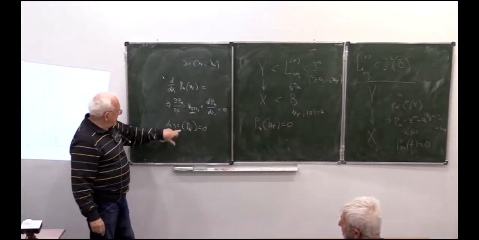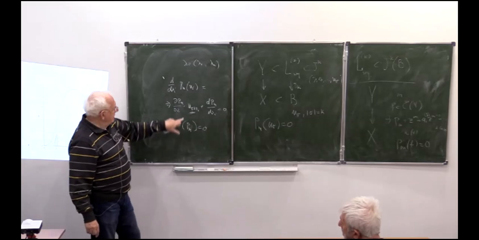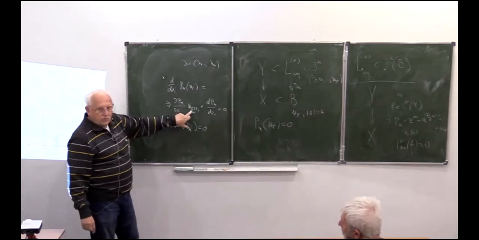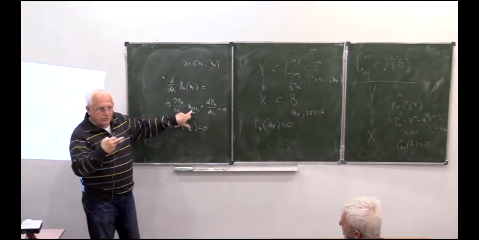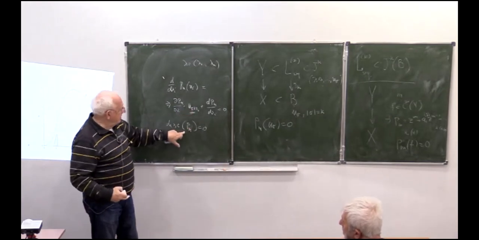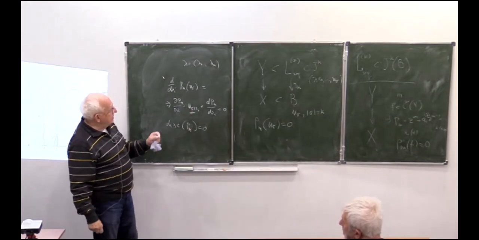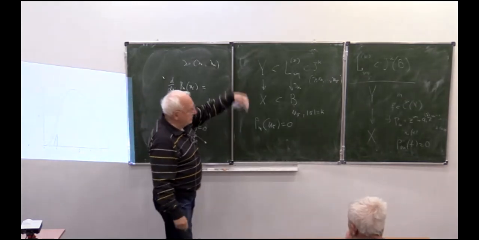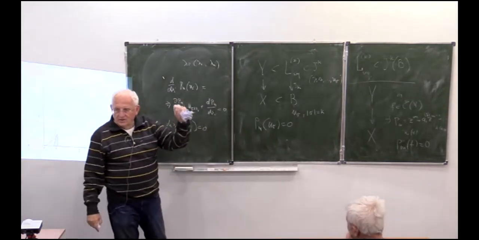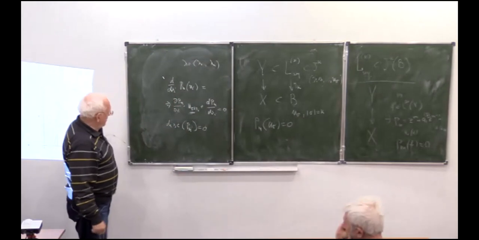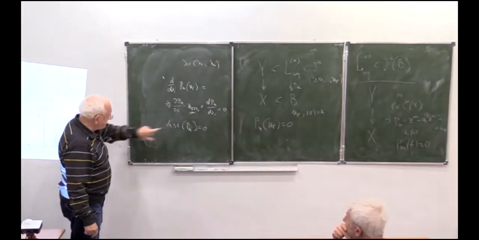But if you are at a point of this set, then this will go to infinity when we approach this point on the set. And it's exactly the situation with the projection that we considered, where the second derivative tends to infinity.